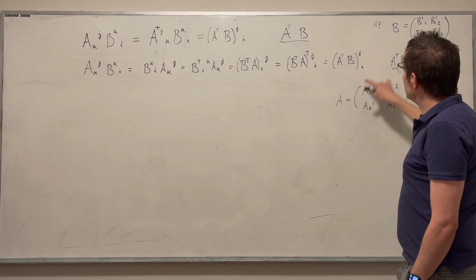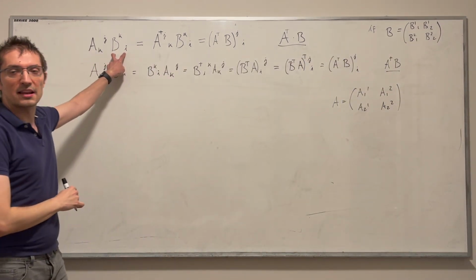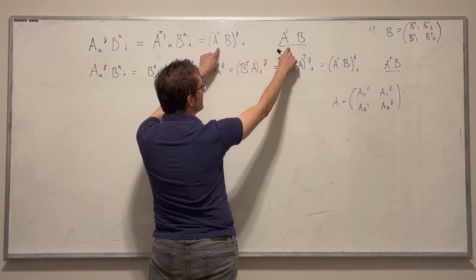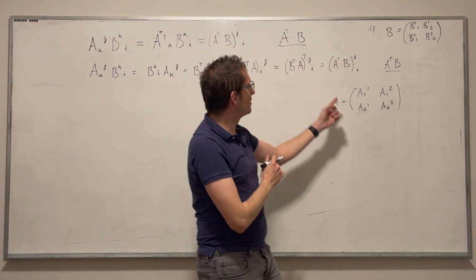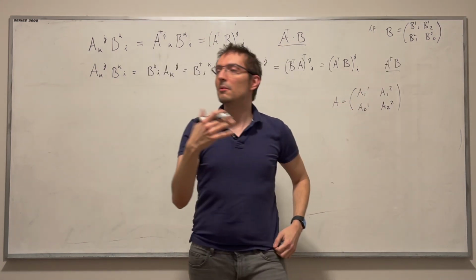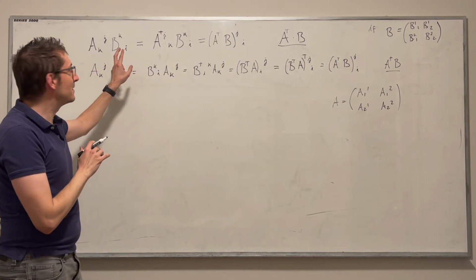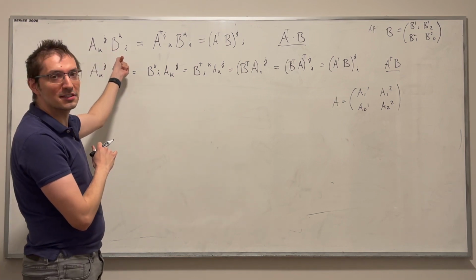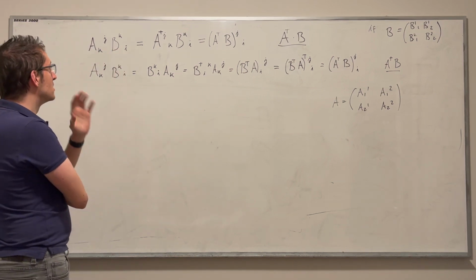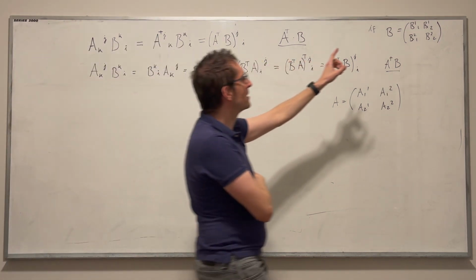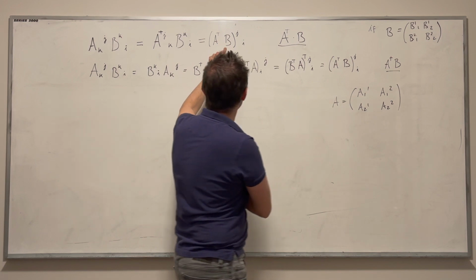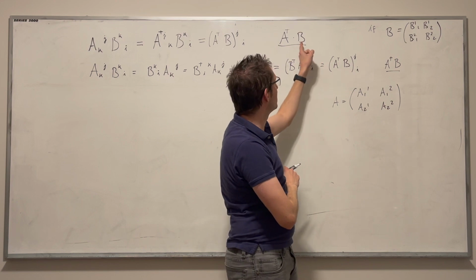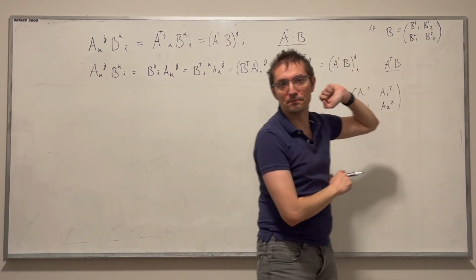With this B and with this A, the crucial step is the step from here to the matrix product representation, the matrix product between this matrix A and this matrix B. Notice that in the previous examples, what we called the matrix B was a matrix that had first lowered the first index and upper the second index. So for this example and the next, it's very important to make sure that you understand the step from here to here. Up to here there's no dispute, but from here to here, it's important that you realize that the matrix B that I'm calling B has these entries here. All right.